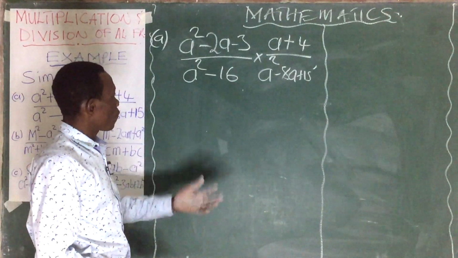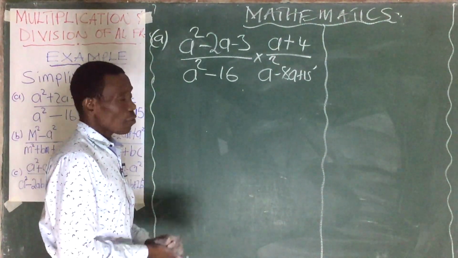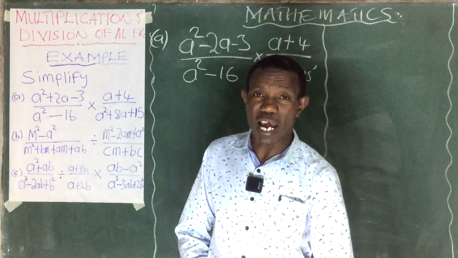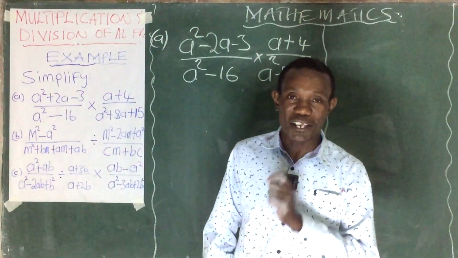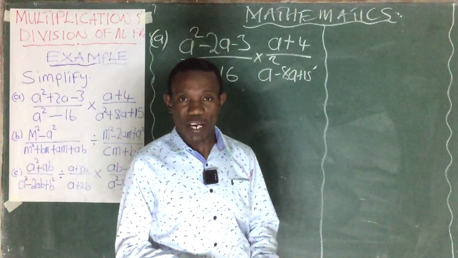Now, how do we go about multiplication? As I said earlier, no matter what type of operation we are going to meet, the first thing is to consider factorization, and then you move forward.